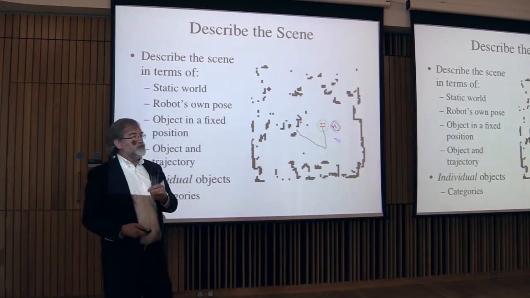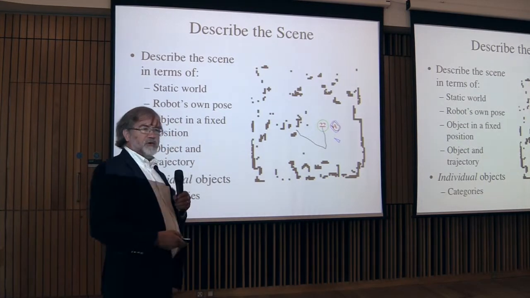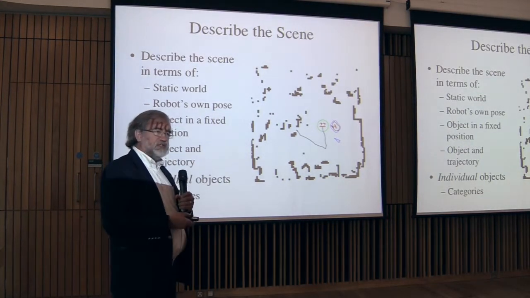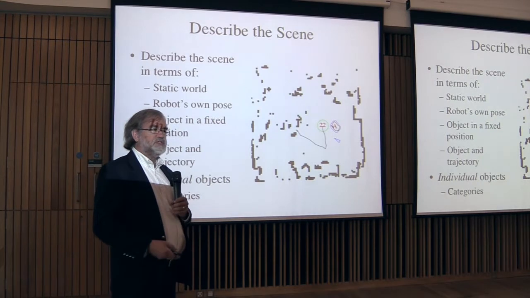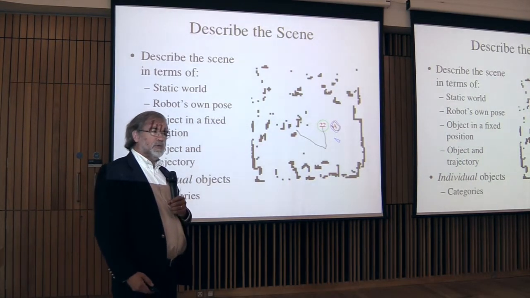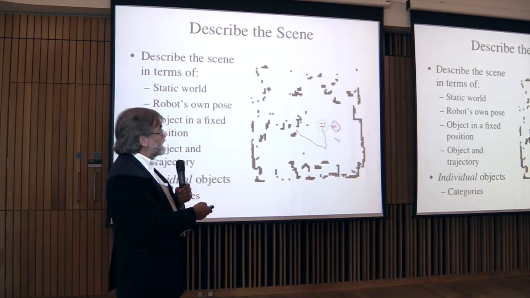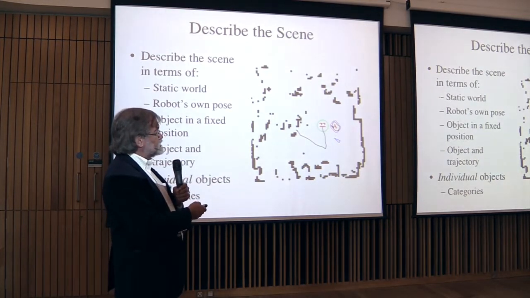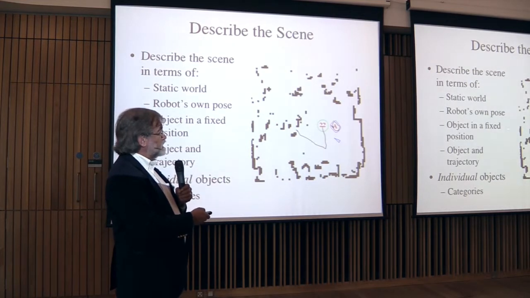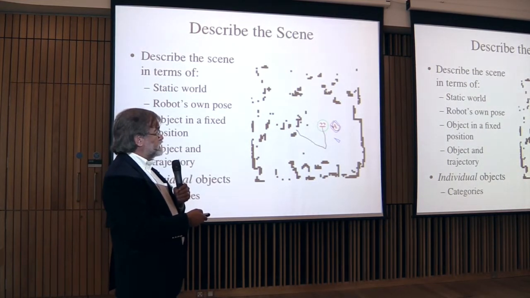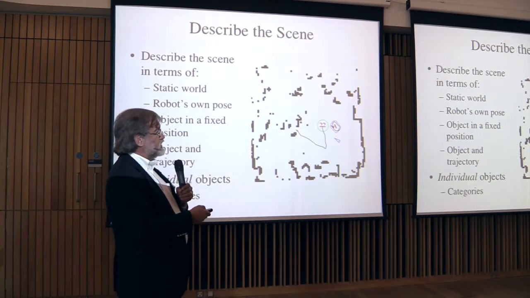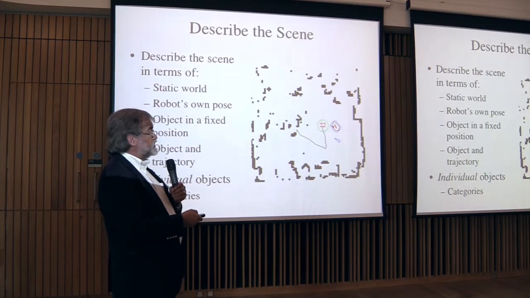So notice what we've done. Remember, we started out with an agent that had an uninterpreted sense vector and an uninterpreted motor vector. And we moved through this and described the world in terms of the static world, the robot's own pose, an object in a fixed position, but that's actually because it was moving previously, an object with a trajectory.